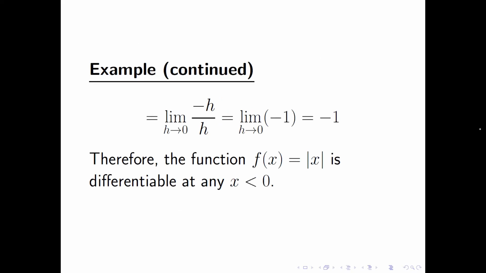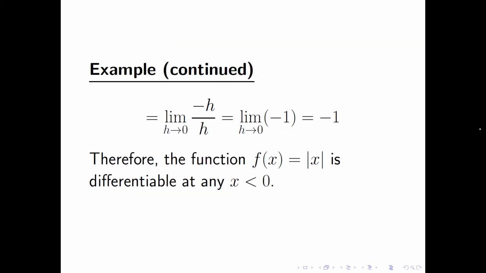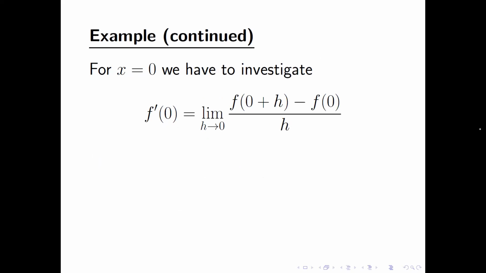So in this case, we are not finished because we checked when x is less than 0 and when x is greater than 0. So what about when x is equal to 0? Let's check when x is equal to 0. Again, by using the definition, we are going to just substitute our x with 0.